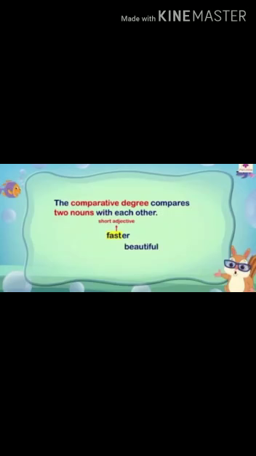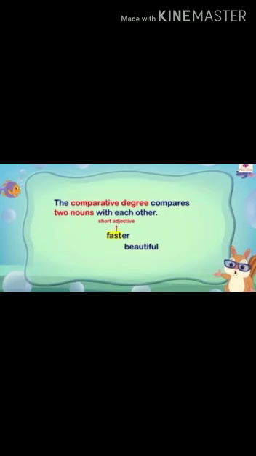For example, fast. Fast is the word having short syllable. So short syllable means one or two syllables. So the words having one or two syllables can be transformed into comparative form by adding er.